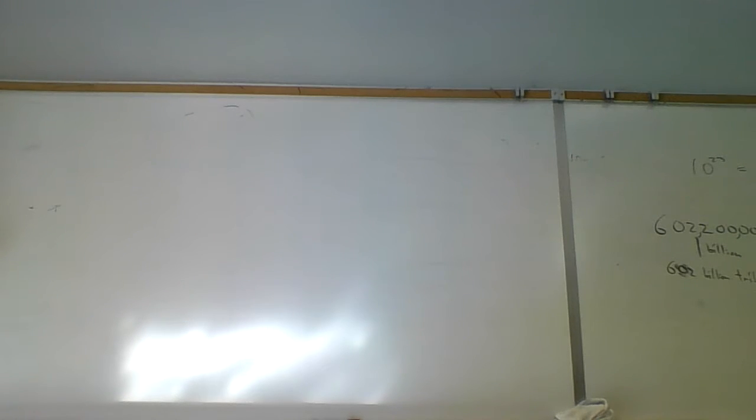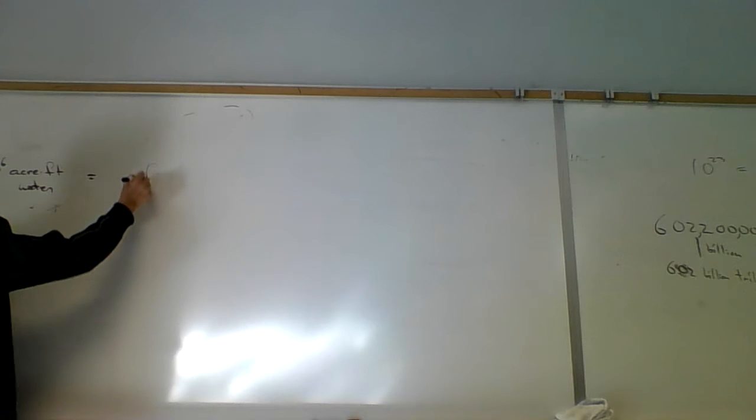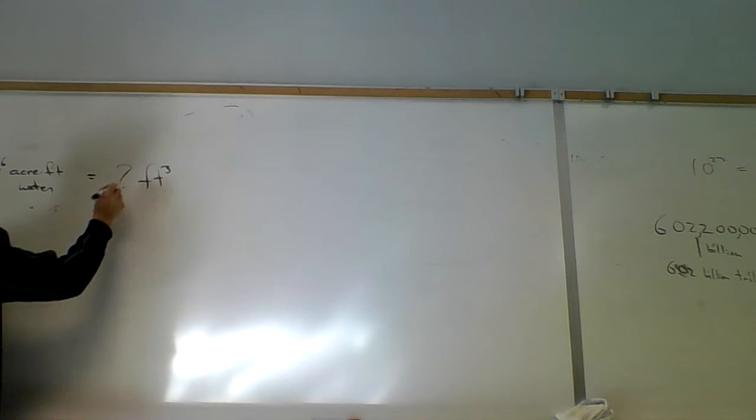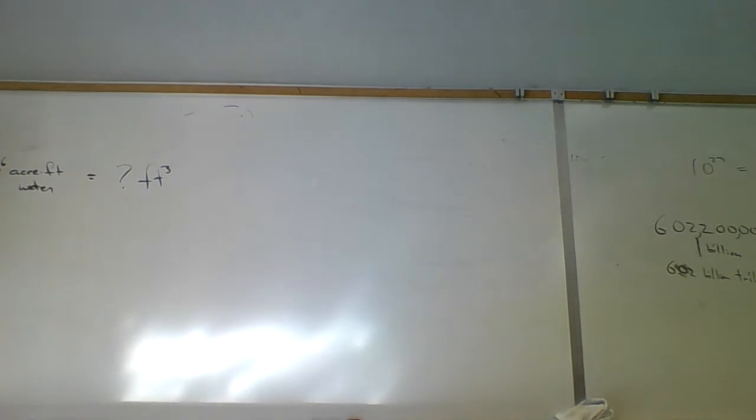We have a fixed amount of capacity, 3.54 times 10 to the 6 acre feet of water. That's the volume of water. And then we've got to figure out how many cubic feet this is. And so this is my target.